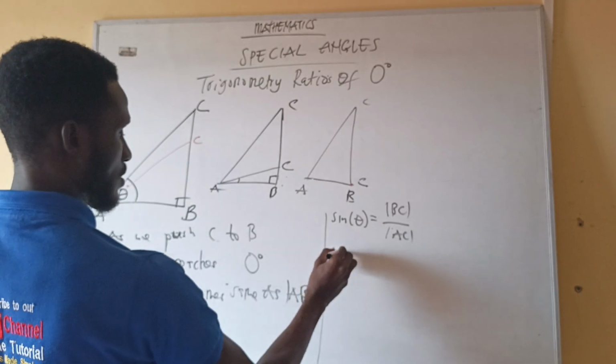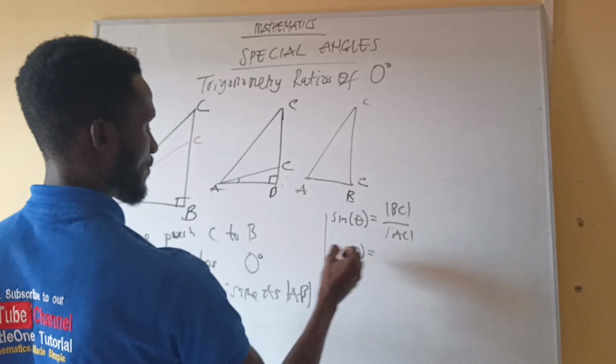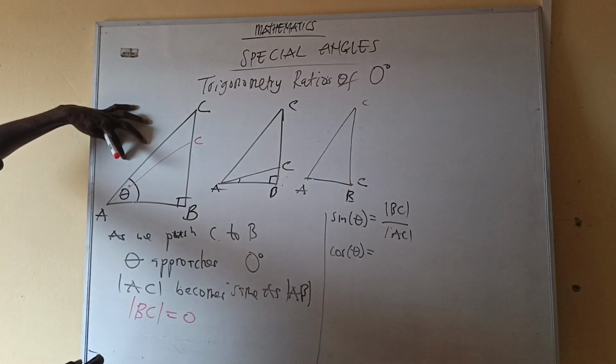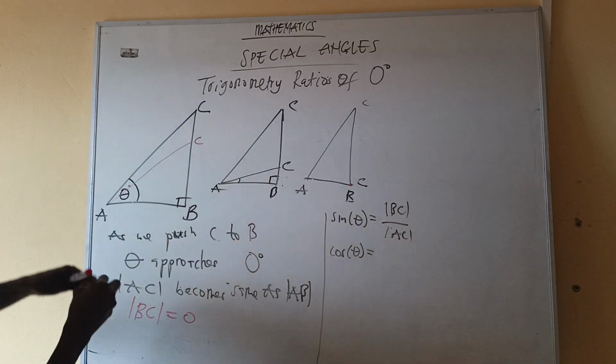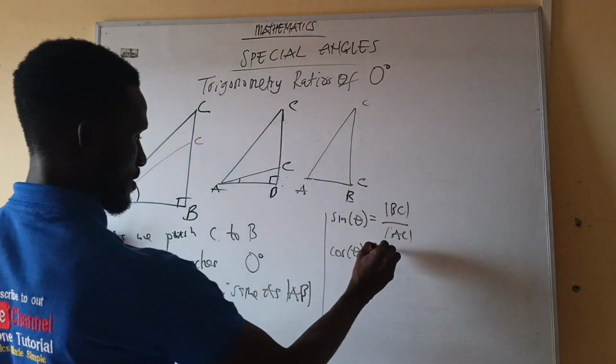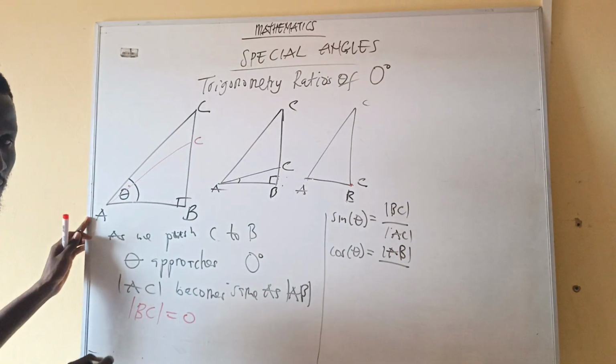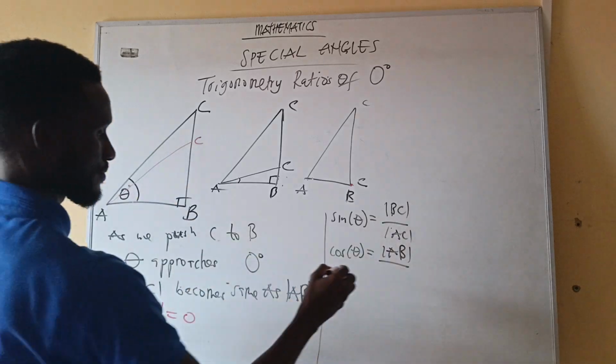Now, what will be cos theta? From here, cos theta is what? Adjacent AB divided by hypotenuse AC.